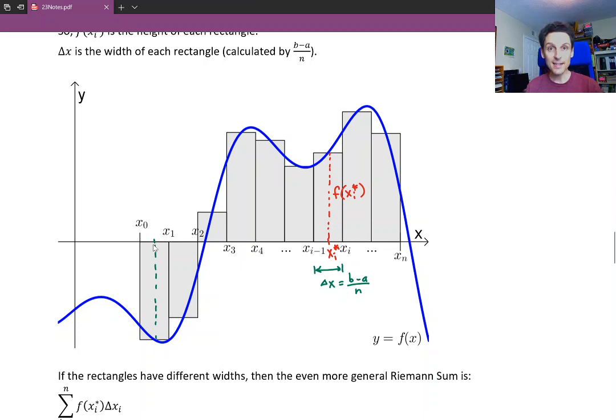We would get a negative function value. If we plugged this x value into the function, it would be a negative function value. So that negative function value times the delta x, which is a positive value, when you multiply those together, you're going to get a negative number. So that negative number is representing a signed area. So it's a negatively signed area for that rectangle.